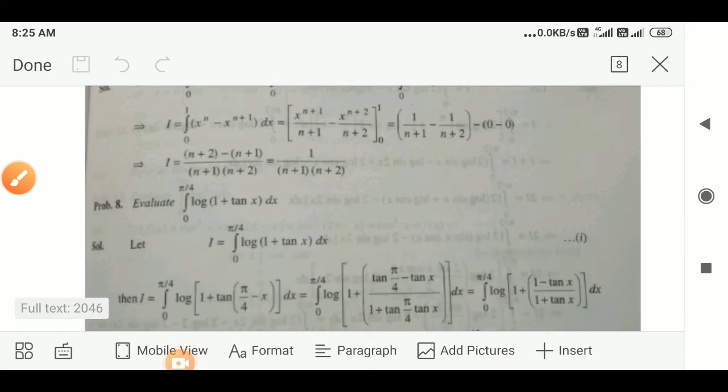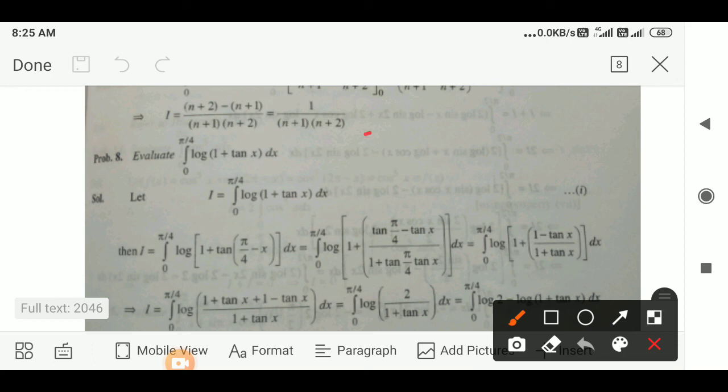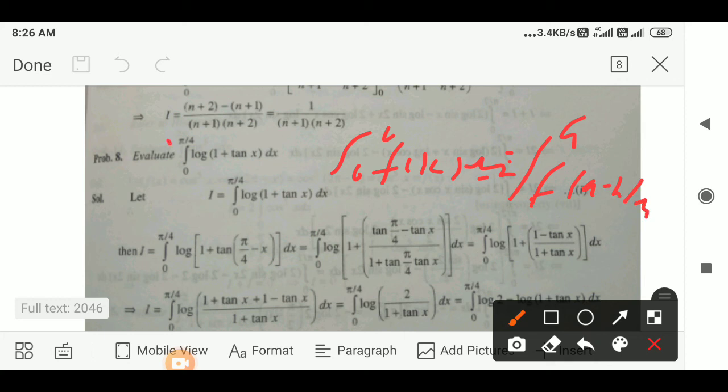Now there is another question from the exercise also: integral 0 to pi by 4 of log 1 plus tan x. Here we have the property integral 0 to a of f(x) dx is equal to integral 0 to a of f(a minus x) dx, which is mostly used. Here a is pi by 4 and the lower limit is 0, so we replace each x by pi by 4 minus x.